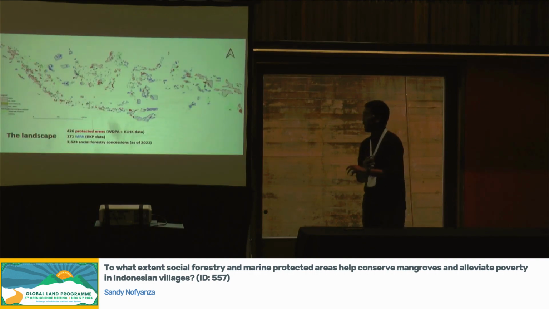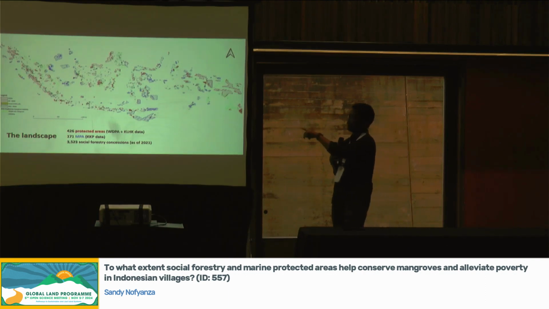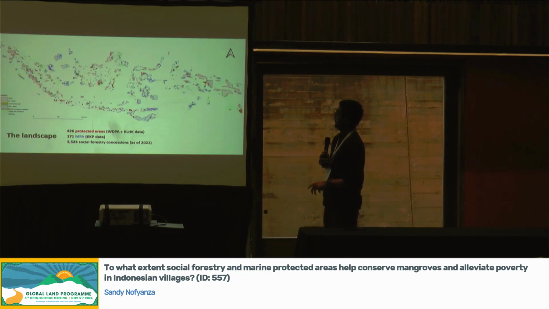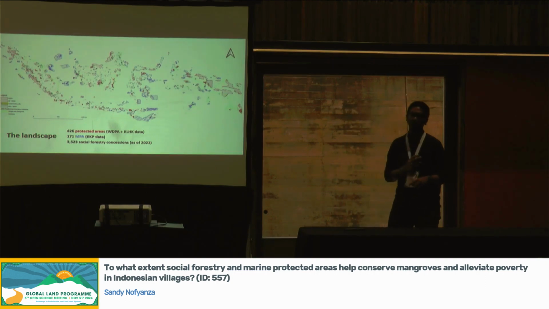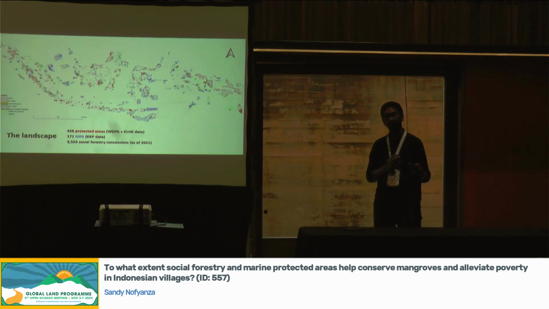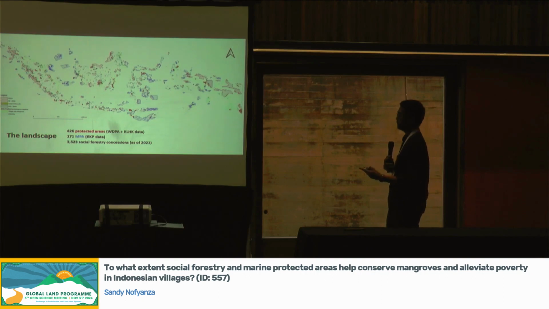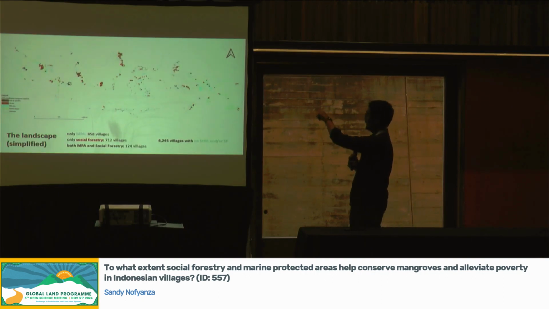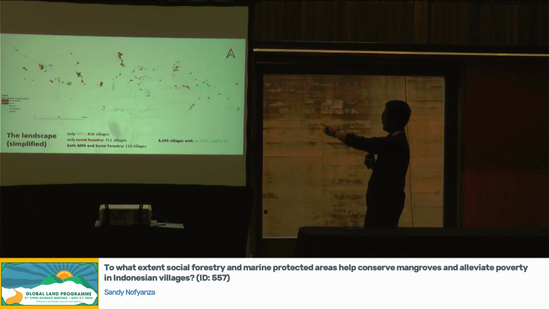Now, this is the landscape. So the blue one is the marine protected areas, and the red one is protected areas terrestrial. Okay, and there are 3,500 social forestry scattered around Indonesia. And yeah, sorry about that, this is a simplified view of them.